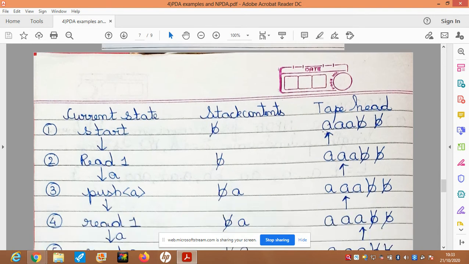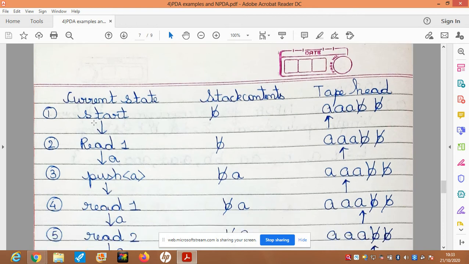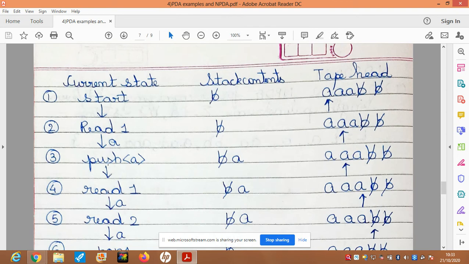If I consider an odd length string like triple A, where the second A is the central element, the initial state is start, the stack contents are blank, and the tape head is at the first symbol of the string. From start I go to read 1. The element that I'm reading is an A. Since it represents the left half of the string, I push that element onto the stack.